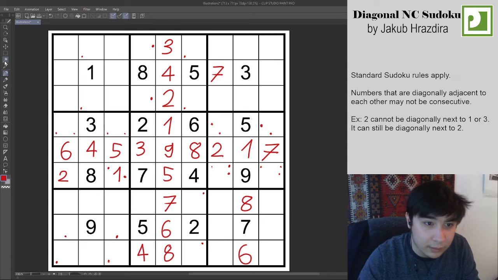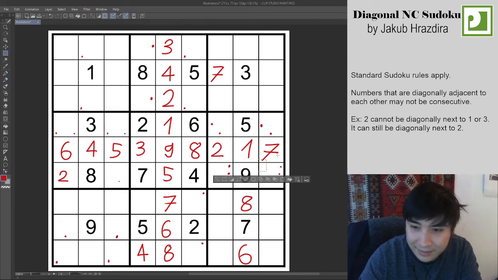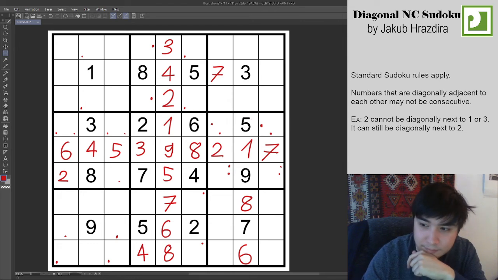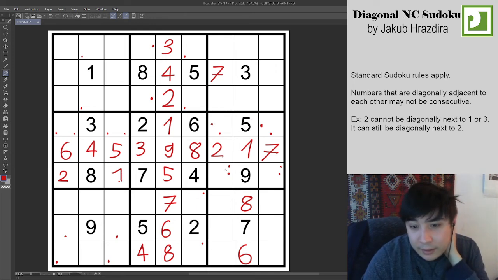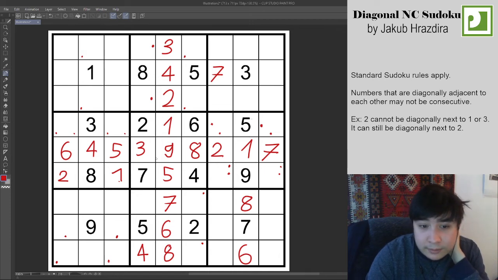So let's just erase the pencil marks again. Whoops. And this is a 3-6. That's not resolvable just yet.